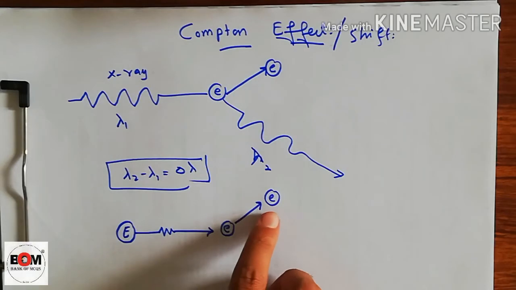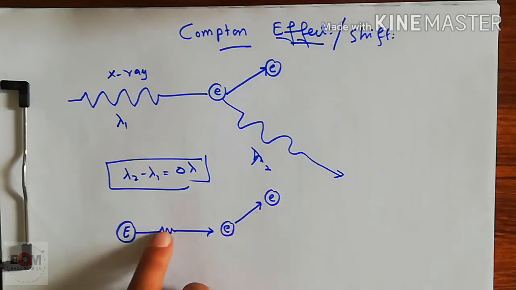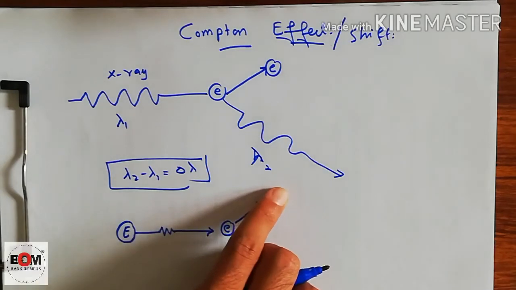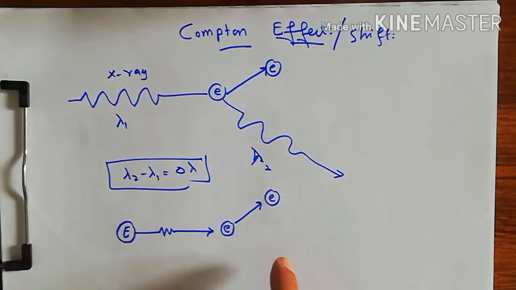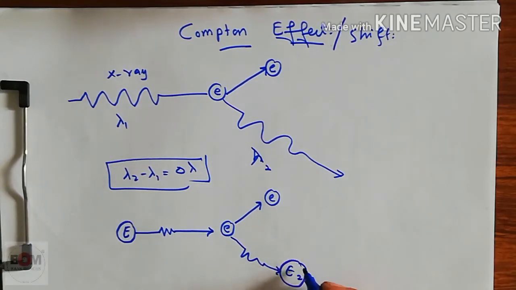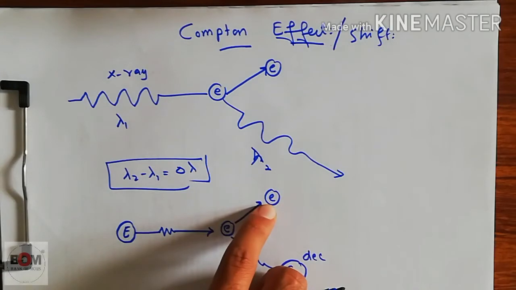As the electron starts motion, it gains energy. X-rays came, gave energy to the electron, and the electron started motion, so the X-ray energy will decrease, because it has given some energy to the electron.